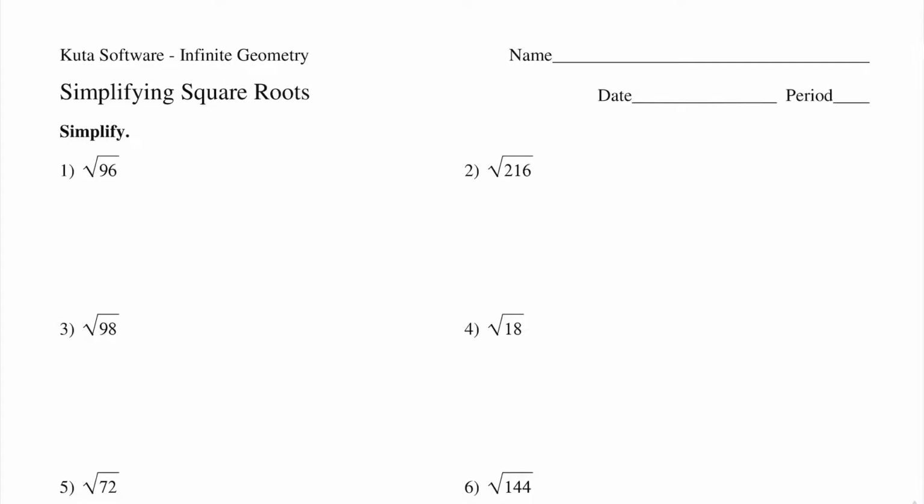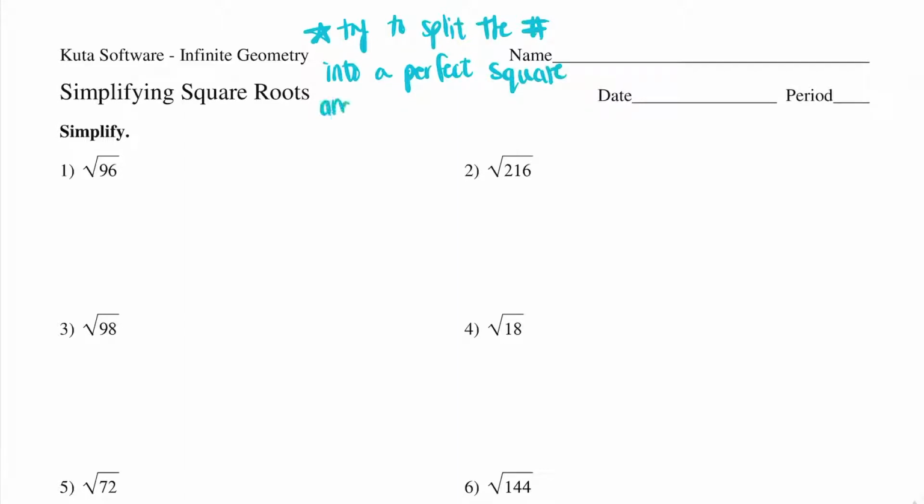So the tips I gave you in class: usually you want to try to split the number under the radical into what we call a perfect square, and we went over this definition in class today. So into a perfect square and another number.